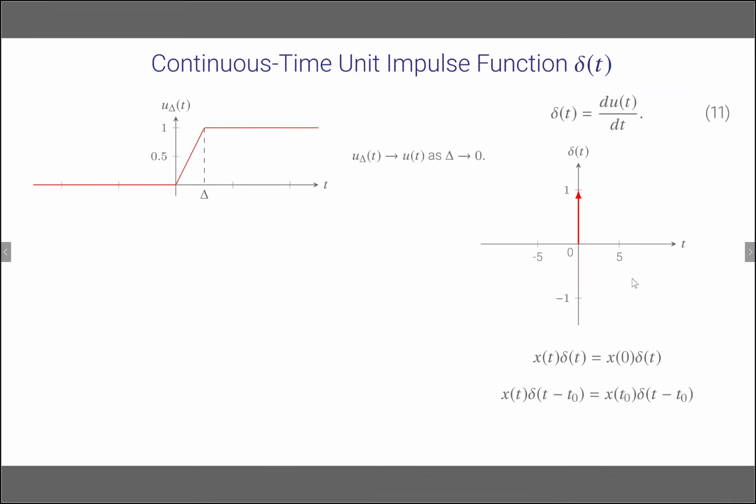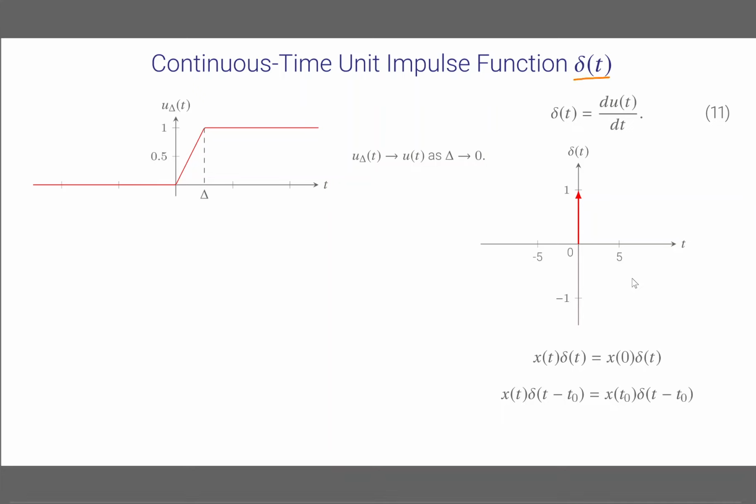Okay. Now we would like to find the relationship between the continuous time impulse function and the unit step function. So when we plot the continuous time impulse function, we plot it using an arrow of height 1. Remember, it's an arrow of height 1. So there are many relationships. So now we will start finding out what those relationships are.